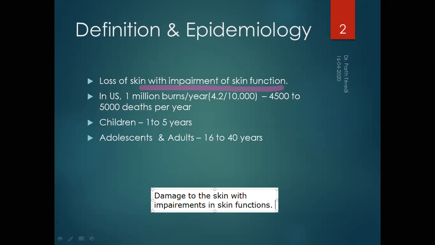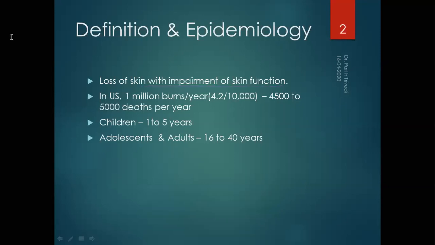There are also various data which show the levels of burns and the problems associated with burns in India, which we may discuss later on. The most important part from this slide is the loss of skin with the impairment of skin function. Loss of skin with the impairment of skin function is known as burn. Please make sure that we are aware of it.